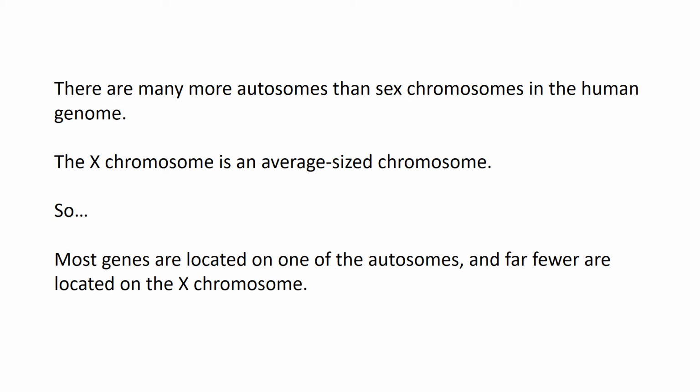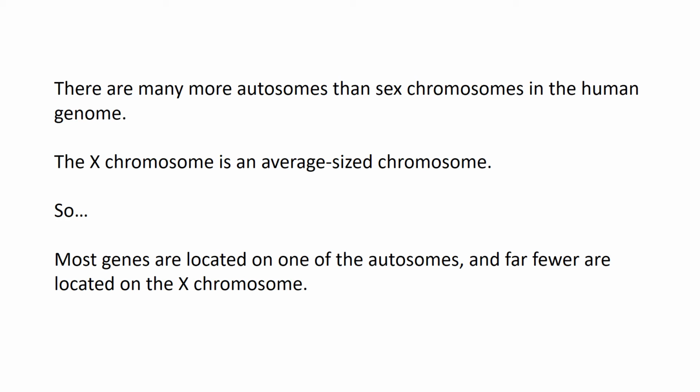Now think about this. There are a lot more autosomes, 22 autosomes, than sex chromosomes. And we already said there's very few genes on the Y chromosome. So if you think about the X chromosome as a pretty average-sized chromosome, and it has an average number of genes, then if you think about the distribution of genes, 23,000, let's say, genes are spread out on the different chromosomes, then most of those genes are distributed onto the autosomes, and only some of them are on the X chromosome.